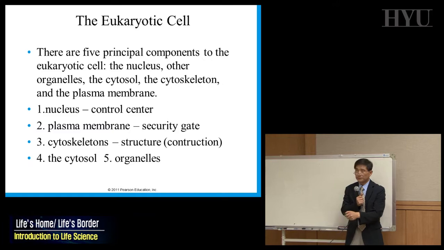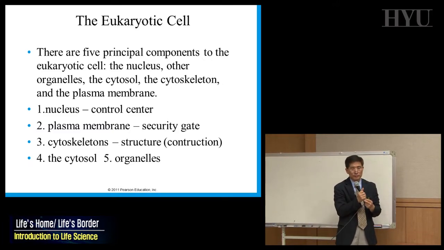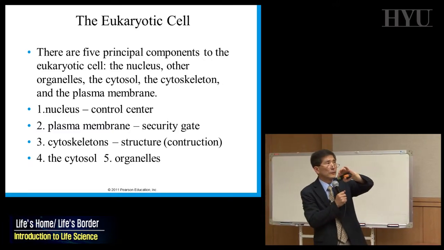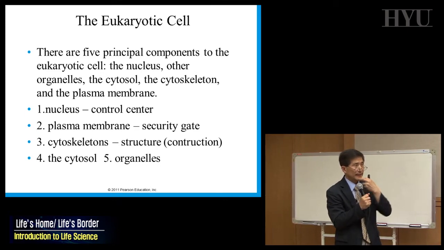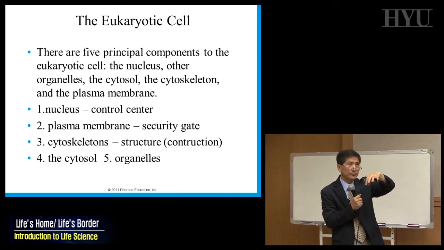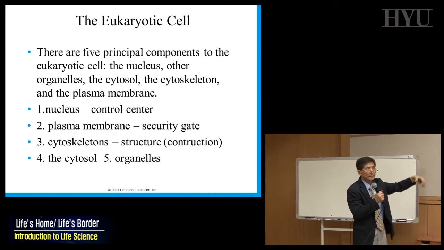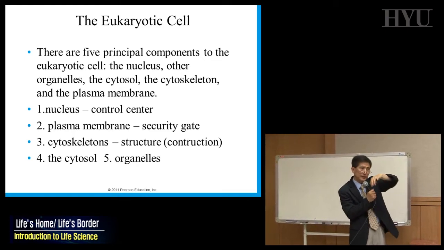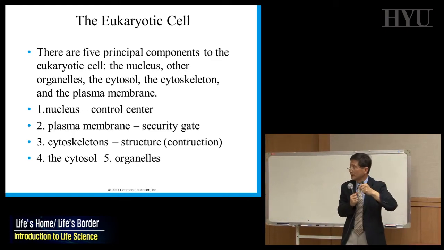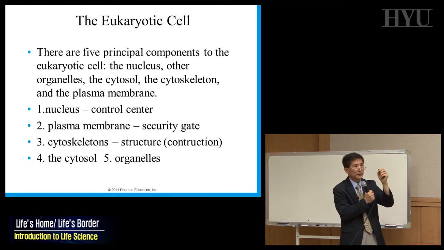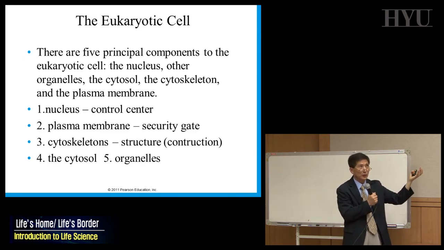So the nucleus. You can compare the whole cell to a city like Seoul. It's big. The nucleus is the control center, in other words, city hall maybe. All the official business is done in city hall.